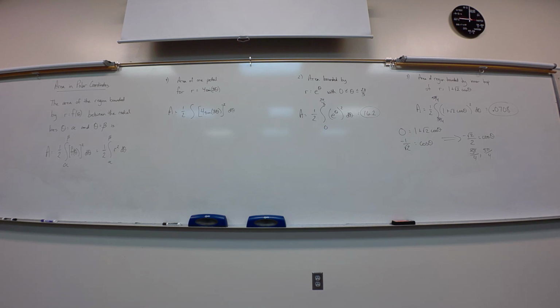Now, here's the question. How many petals are there? Three. What do we know about each of the petals? They're all the same. I mentioned that last time. Sometimes they look a little bit different because your screen's rectangular. Sometimes they get skewed a little bit, but they are all the same.